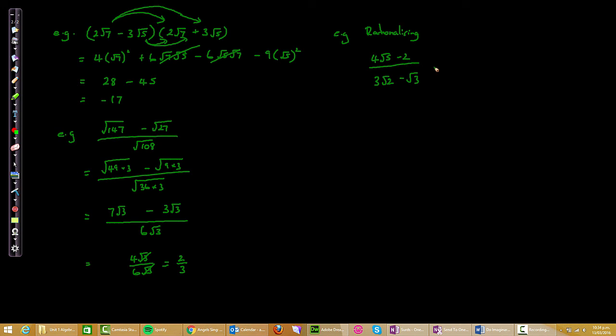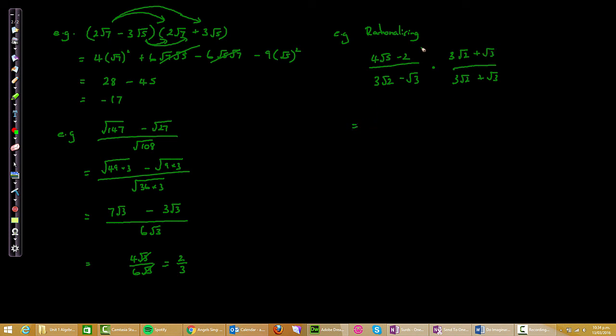Now, to rationalize something means we want a rational number on the denominator, the bottom line of this fraction. So to do that, we're going to use the conjugate of this. So this will be 3 root 2 plus root 3. Same numeric values but opposite sign here. And to keep it equal, we also need to multiply the top by exactly the same amount.